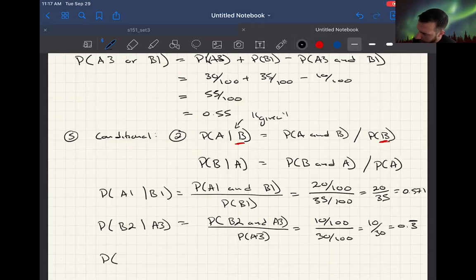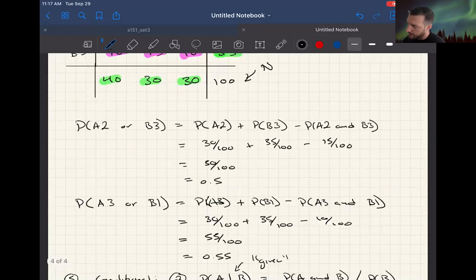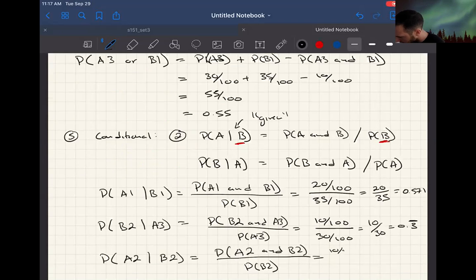And then finally, we have the probability of A2 conditioned on B2. This is the probability of A2 and B2 divided by the probability of B2. Okay, so A2 and B2 is 10 over 100 again.